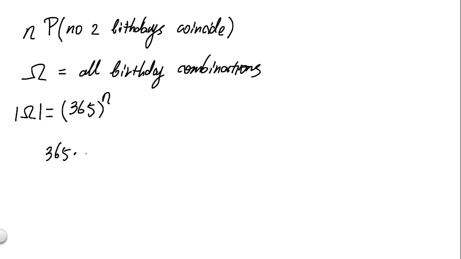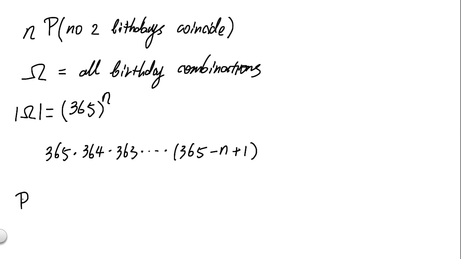However, for the second person, whatever the first person chose, we cannot choose the same birthday again. Hence, we're left with 364 choices. Keep going like this, we get 363, and so on, until we reach the last person, which will give us 365 minus n plus 1, since we've repeated this process n times.